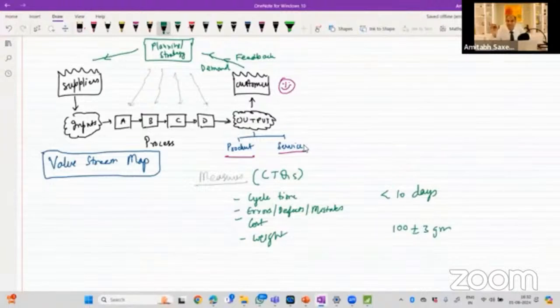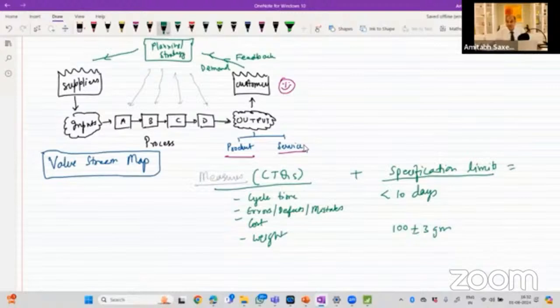Number of mistakes should be less than 10 per week. These are all specification limits. So CTQs combined with specification limits has got a name, which is known as KPI, Key Performance Index.